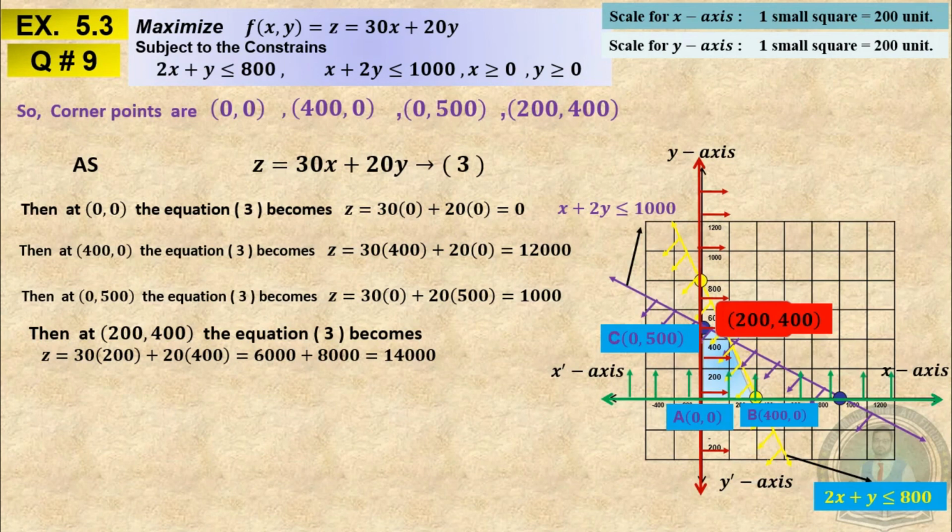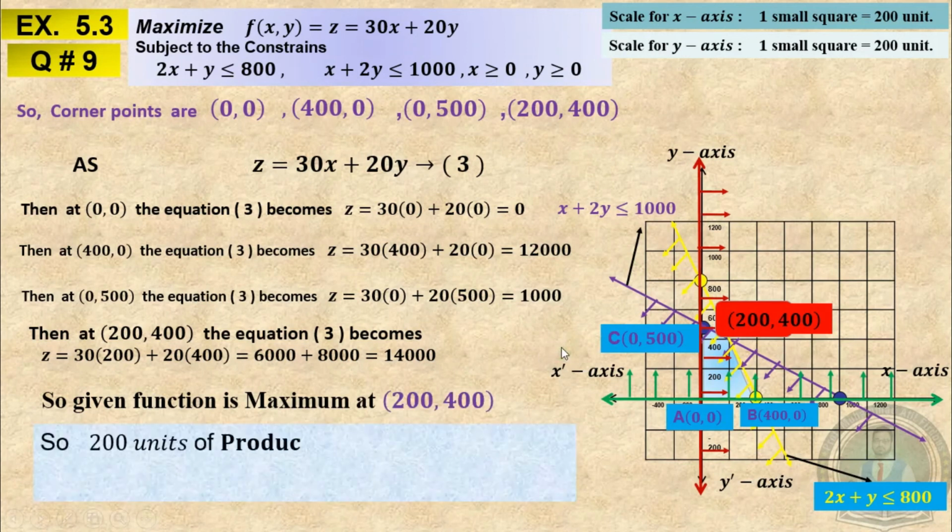Yes, 14,000. In order to get maximum profit, you should take this ordered pair, 200 and 400. So the given function is maximum at 200 and 400, or you can say that you can use 200 units of product A and 400 units of product B.